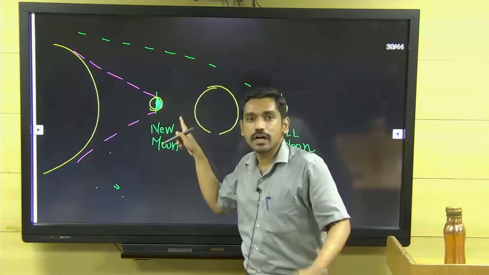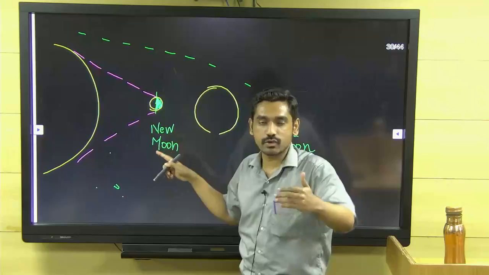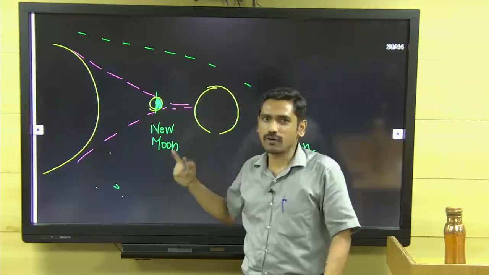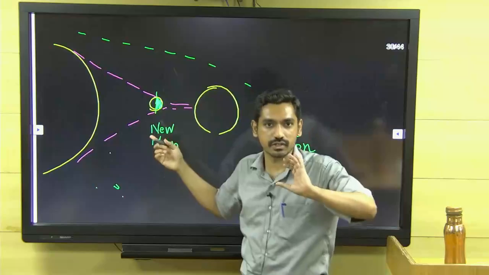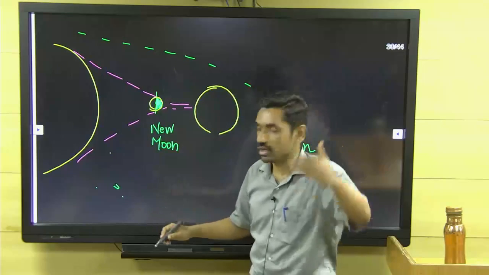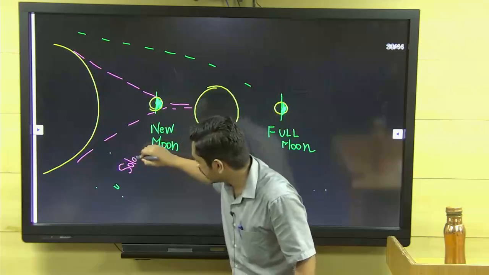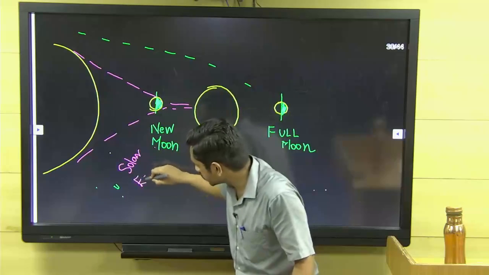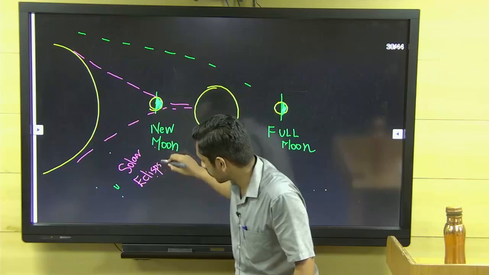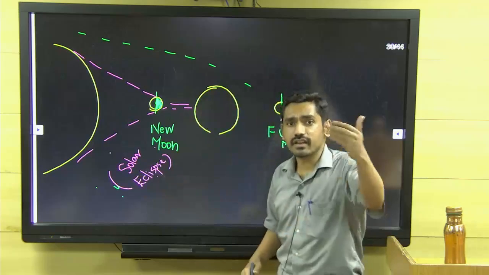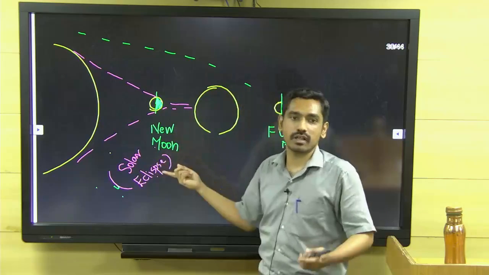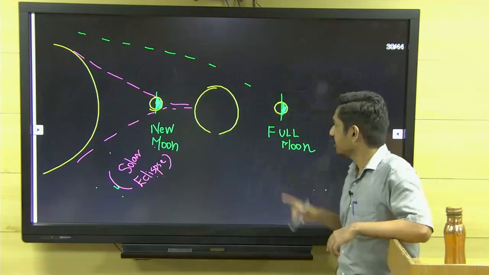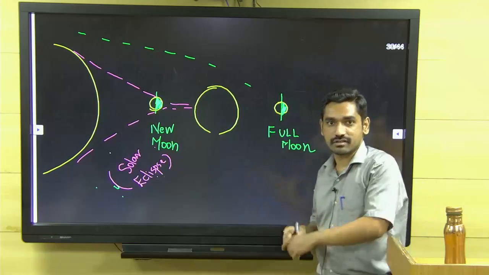So Earth will be in complete darkness, or you'll only get a shadowy picture for a few minutes, not for hours, just for a few minutes in certain locations. This is called solar eclipse. Eclipse means the Sun is getting blocked. So solar eclipse is a special case of new moon position. In very rare condition of new moon, you might get solar eclipse.